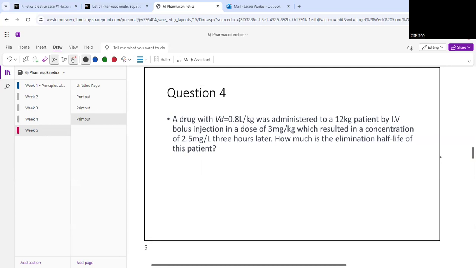All right, a drug with VD of 0.8 liters per kilogram was administered to a 12 kilogram patient by IV bolus injection in a dose of 3 milligrams per kilogram, which resulted in a concentration of 2.5 milligrams per liter 3 hours later. How much is the elimination half-life of this patient?